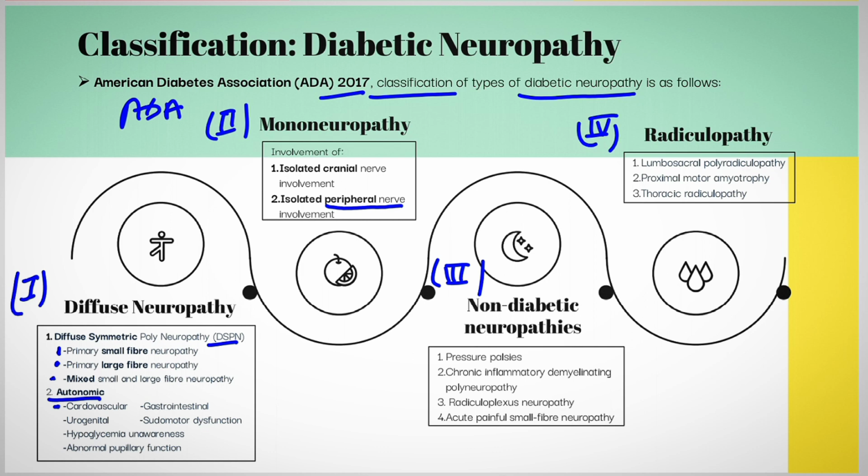Non-diabetic neuropathies can be of the type pressure palsies, chronic inflammatory demyelinating polyneuropathy, radiculoplexus neuropathy, or acute painful small fiber neuropathy. Radiculopathy can again be divided into three categories: the lumbosacral polyradiculopathy, the proximal motor amyotrophy, and thoracic radiculopathy.